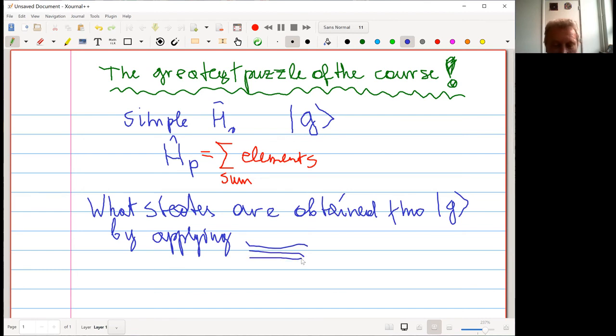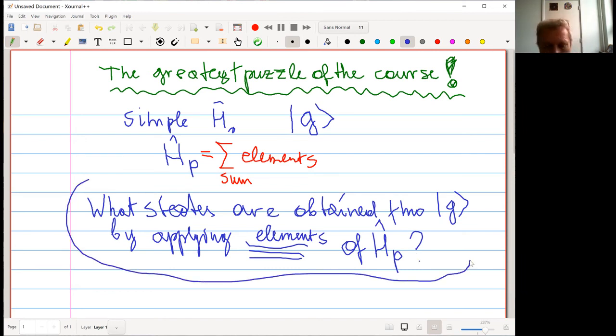I will stress it twice. This is a very crucial question, which enables us to deal with perturbation theory. This question is crucial, but the answer to it is simple and doesn't require complex calculations whatsoever.